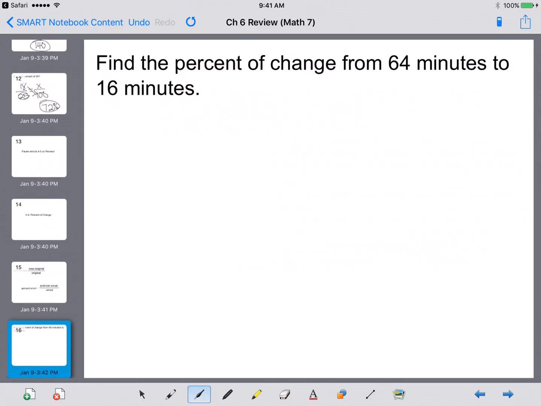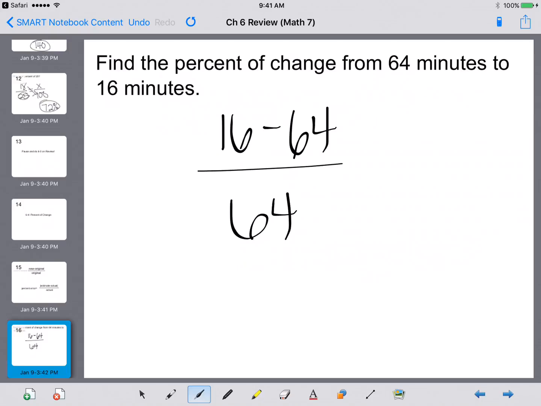So it wants us to find the percent of change from 64 to 16. So our new is 16. So new minus original, which was 64, over original, which was 64 again. Because we started with 64, that is our original.